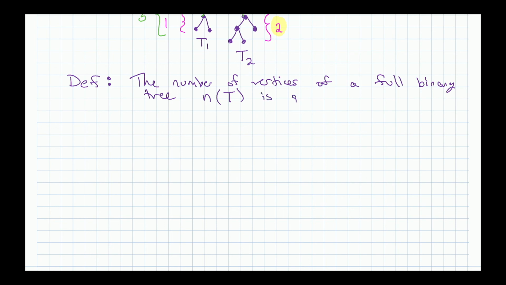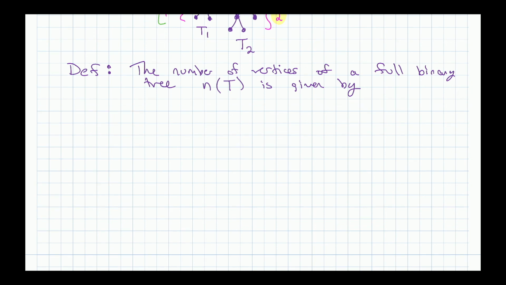And like before, we got a basis step. So your basis is going to be a single vertex, right? So if you have a single vertex, then how many vertices are there? There's 1. So number of vertices for the basis step is going to be 1. So if T is a single vertex, then N of T equals 1.